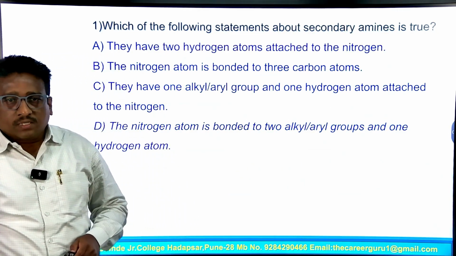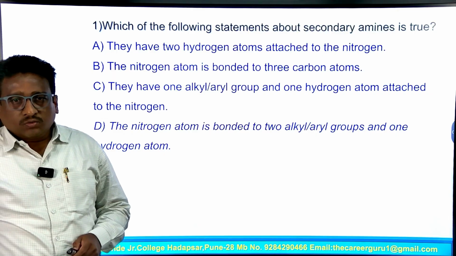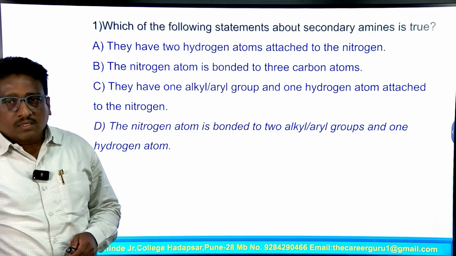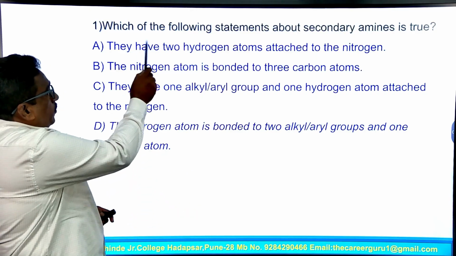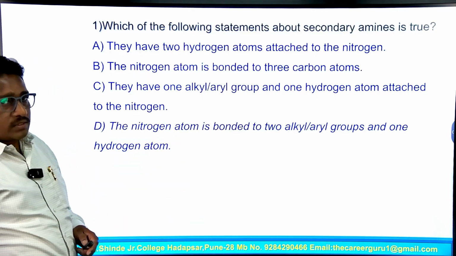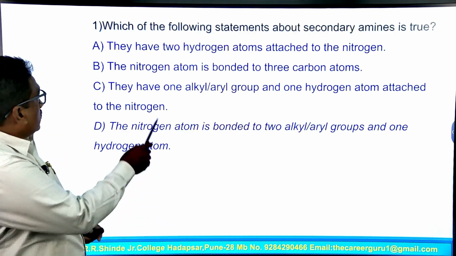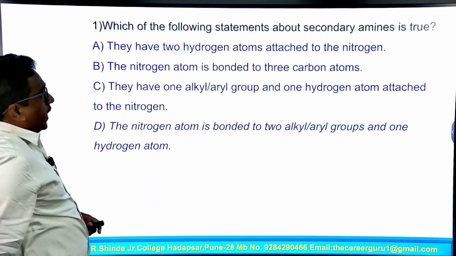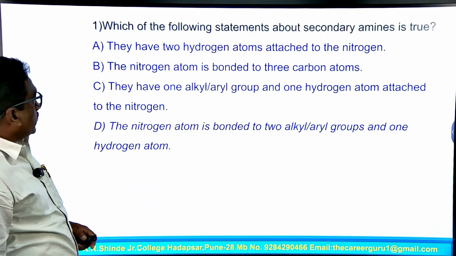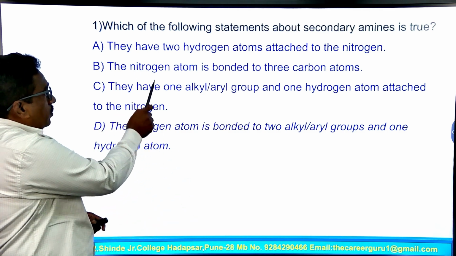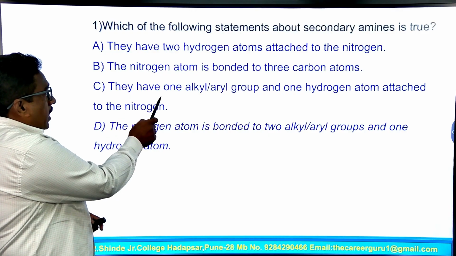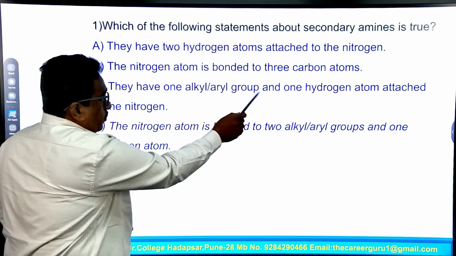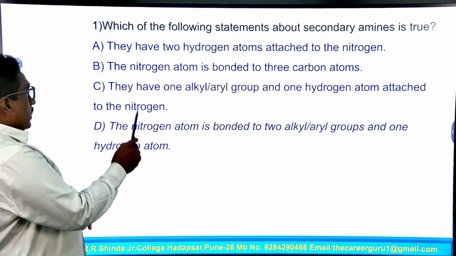Now we will discuss some MCQs based on this classification and nomenclature system. The first MCQ: which of the following statements about secondary amines is true? Option A, they have 2 hydrogen atoms attached to the nitrogen atom. Option B, the nitrogen atom is bonded to 3 carbon atoms. Option C, they have 1 alkyl or aryl group and 1 hydrogen atom attached to the nitrogen atom.